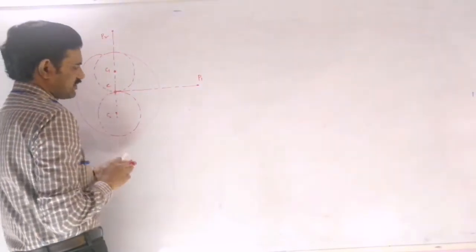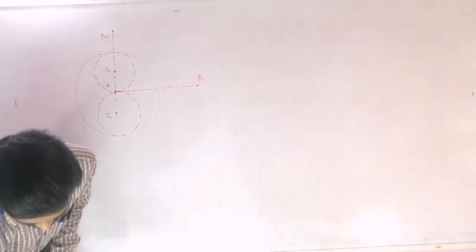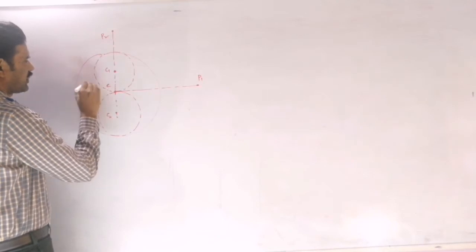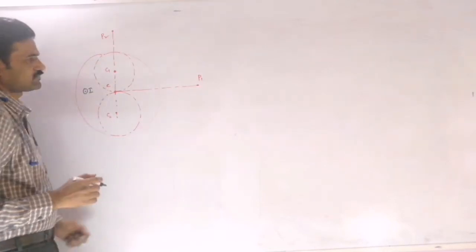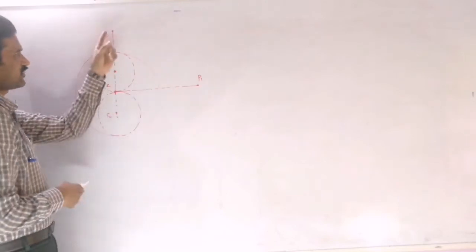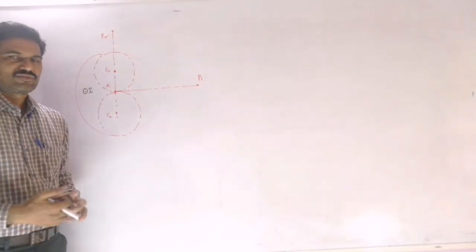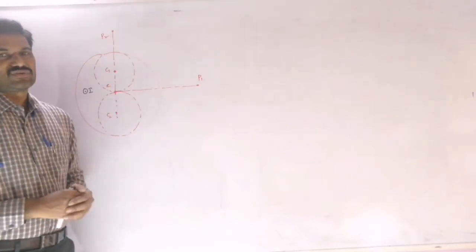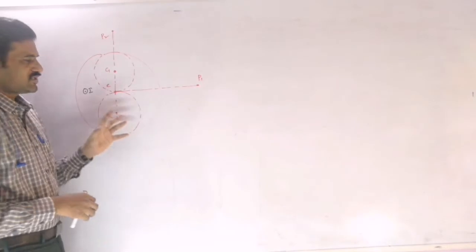Now let us say I is the current flowing in the remaining conductor, right? Now find the magnetic field at this point and the magnetic field at this point. That is our question here, so try to solve it. Here you need to think about the directions of the magnetic field also, because two cavities are there.